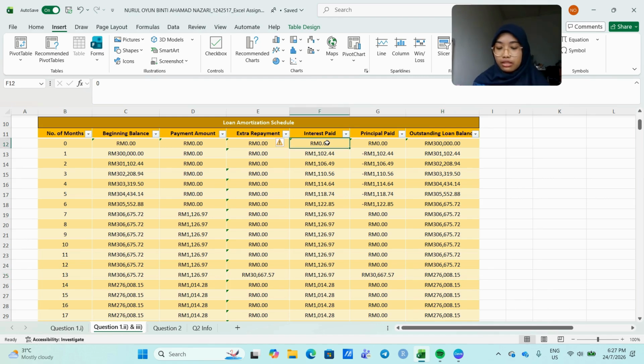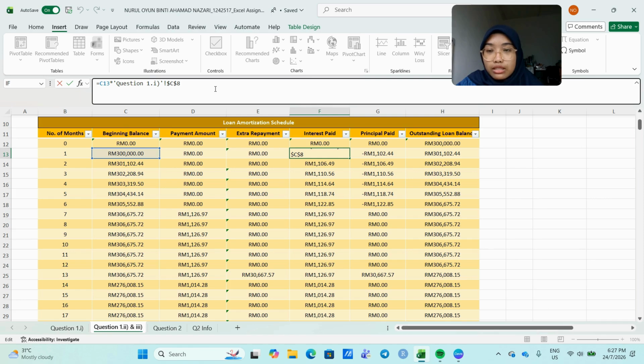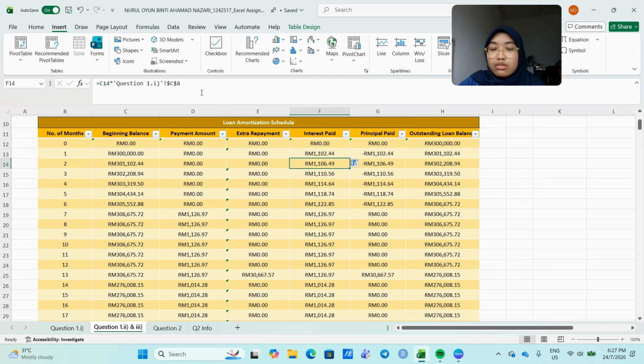For the interest paid, the monthly interest is calculated using the formula: interest paid equals beginning balance times monthly interest rate. So I drag this cell down until 360 months.